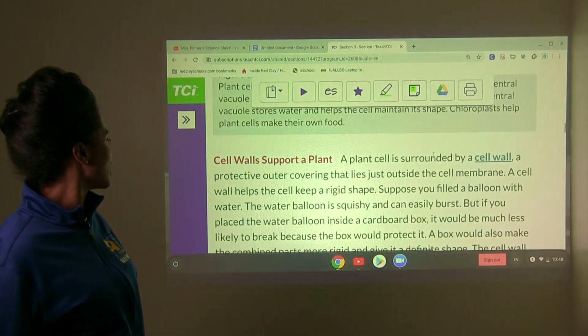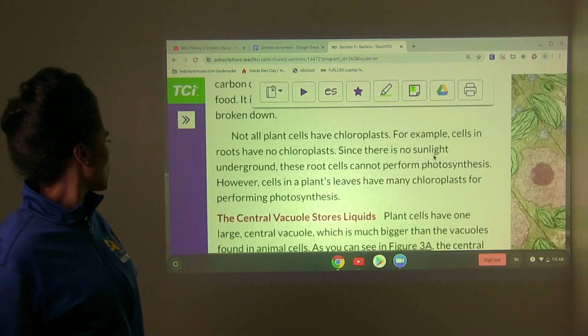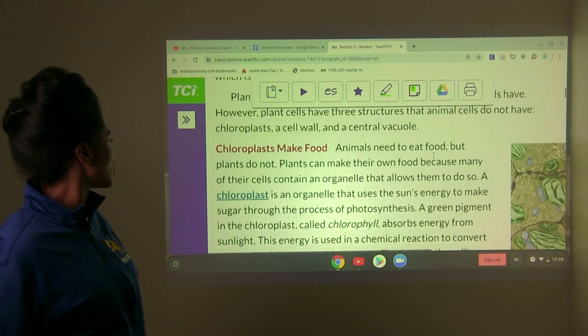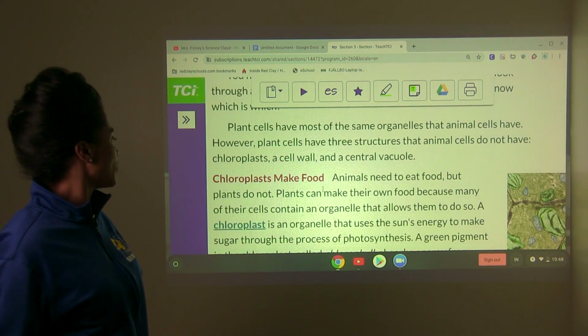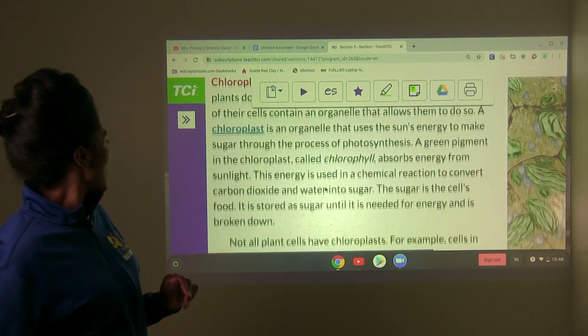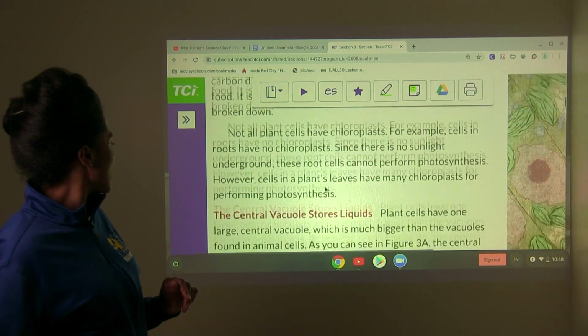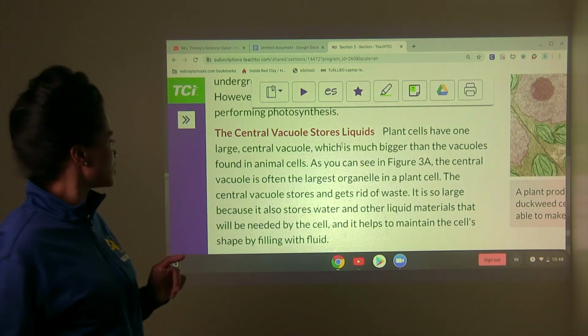Okay? All right. So let's recap before we get into our check for understanding. We have 3 unique parts for plant cells. First one we talked about, chloroplast. What does it do? It makes the food. And then we have central vacuole, which stores liquids.